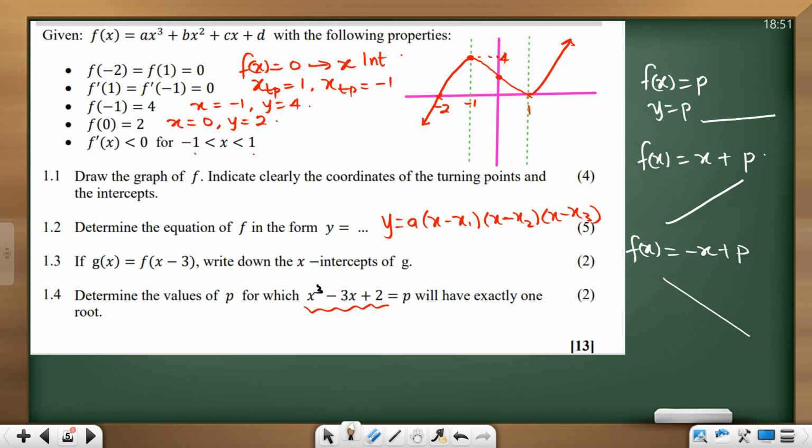Where will this line of intersection be, which is what? Roots. At 1.4, which type of line are we looking at? f(x) equals what? p.